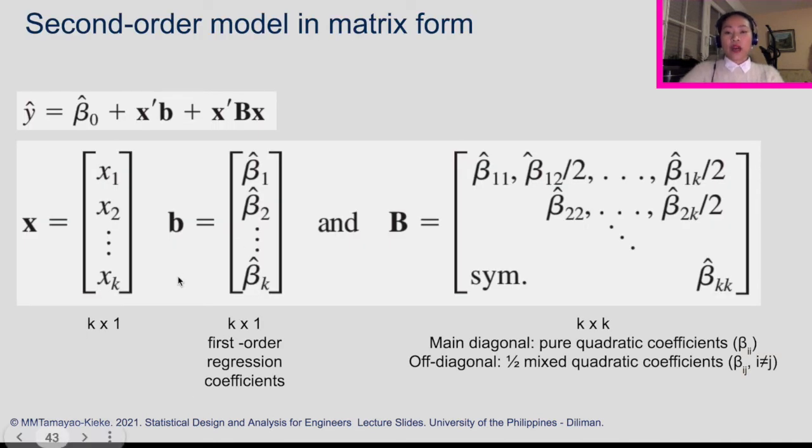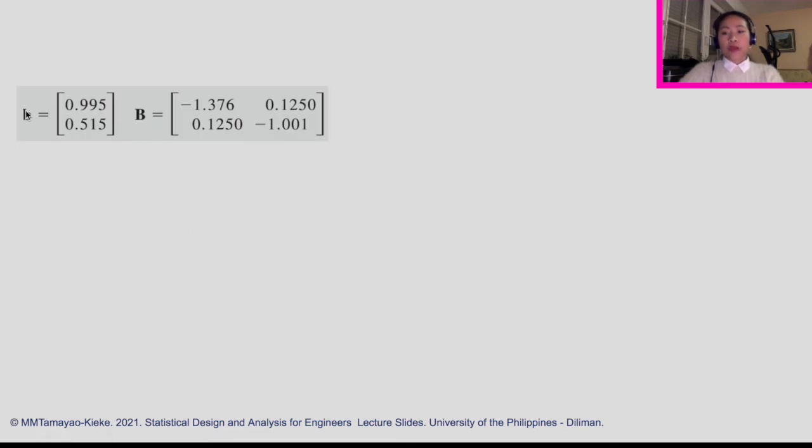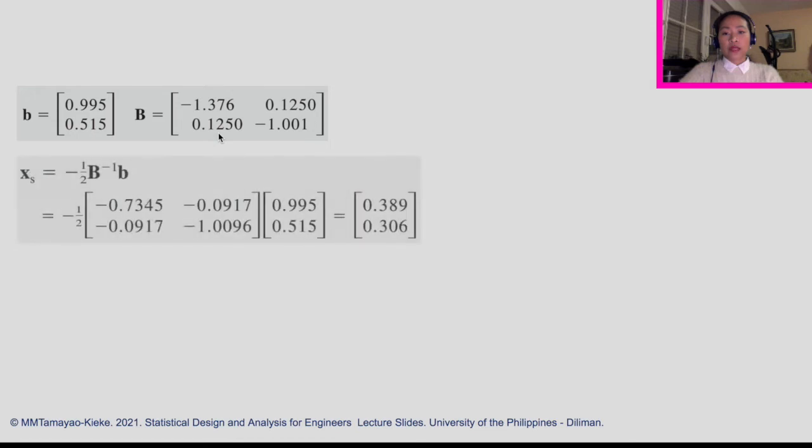Our small b here are the first order regression coefficients, and our capital B is this one, where pure quadratic coefficients are along the main diagonal. From that, we have these values for these two matrices.